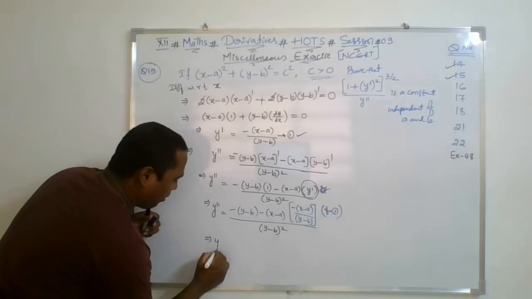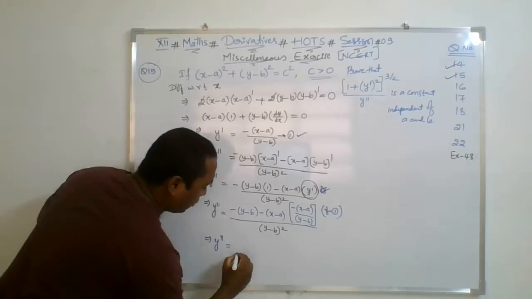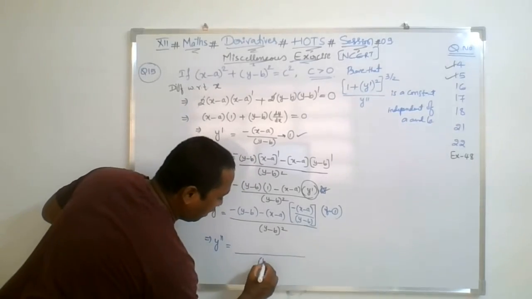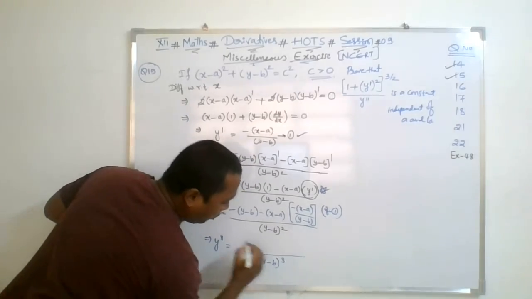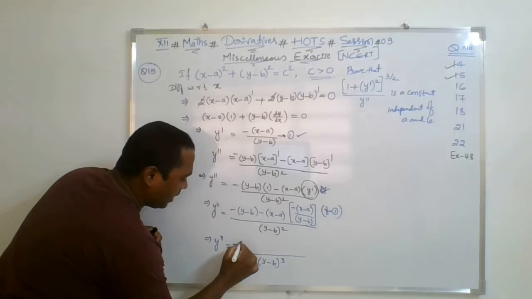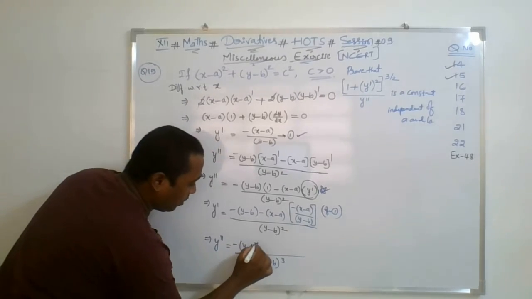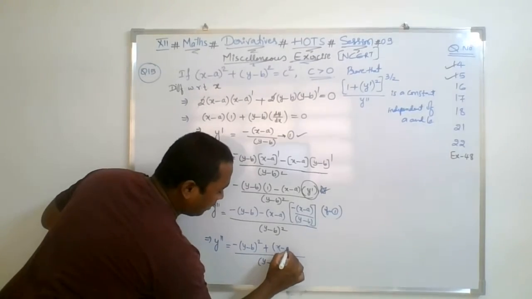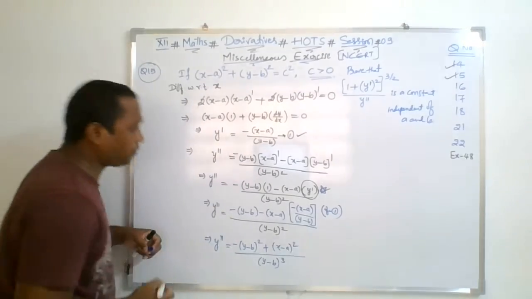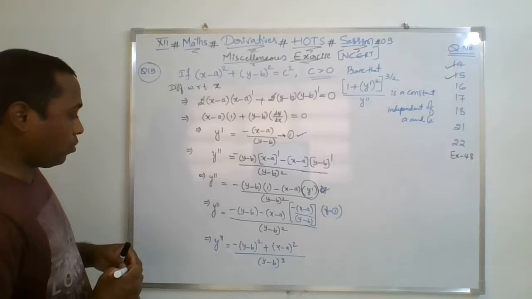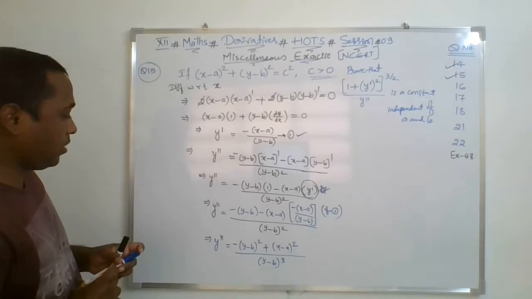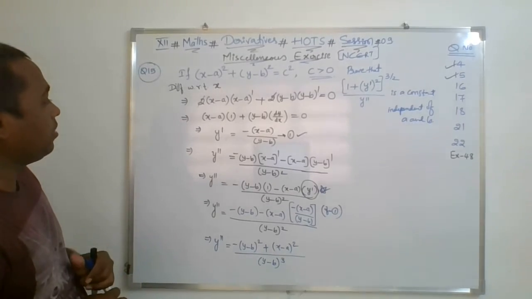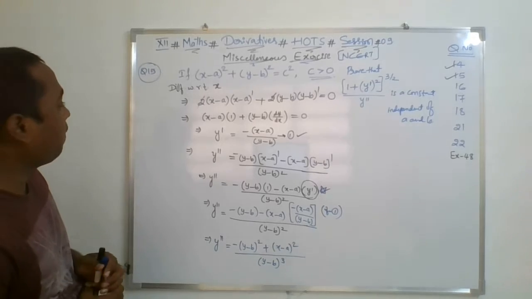So finally, after taking the LCM, we get (y minus b) whole cube in the denominator, and the numerator becomes minus of (y minus b) whole square plus (x minus a) the whole square. Correct.